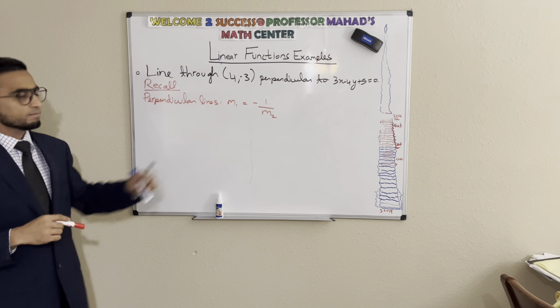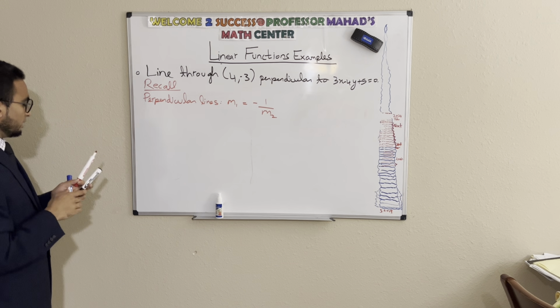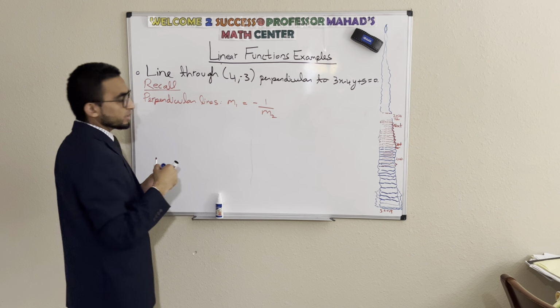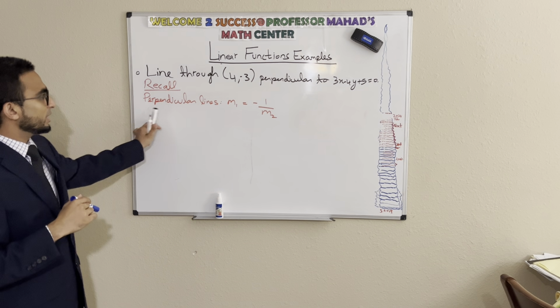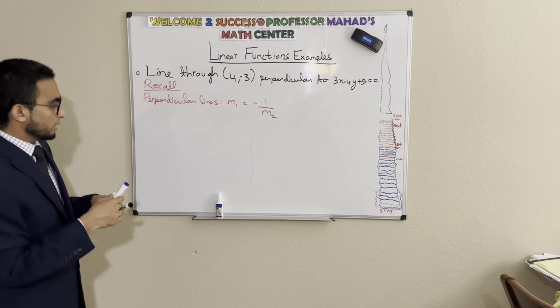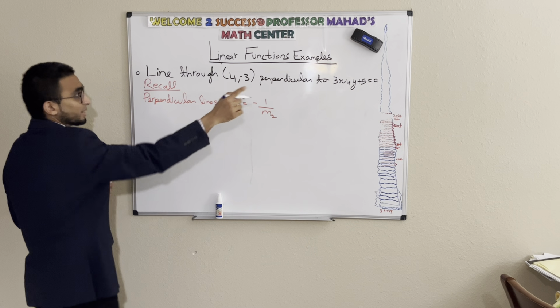If not, recall. And then again, you know the point slope form. I'm not writing it again, right? So we know one point. Let us find the slope. So this line is perpendicular. So first, let's find the gradient of this line.